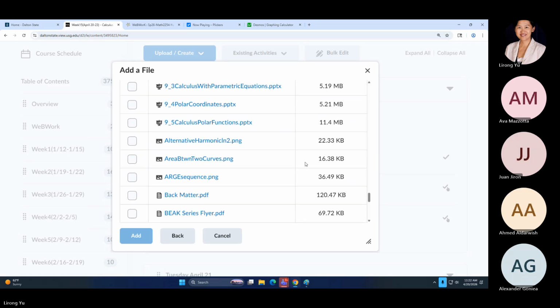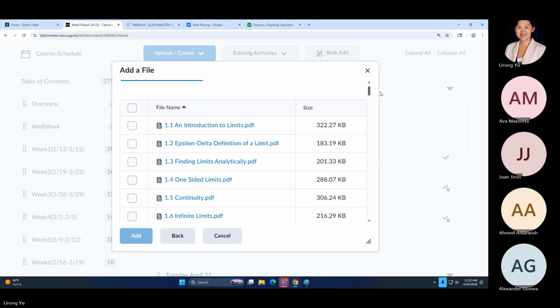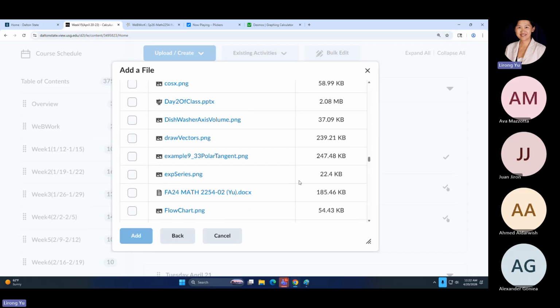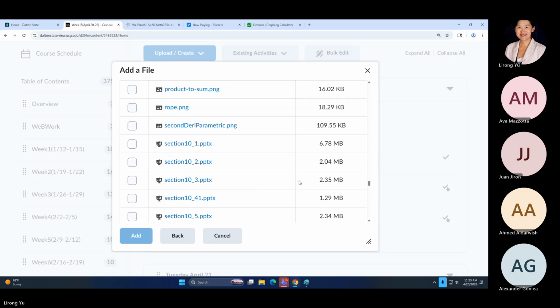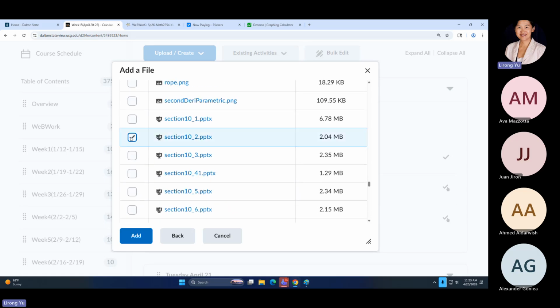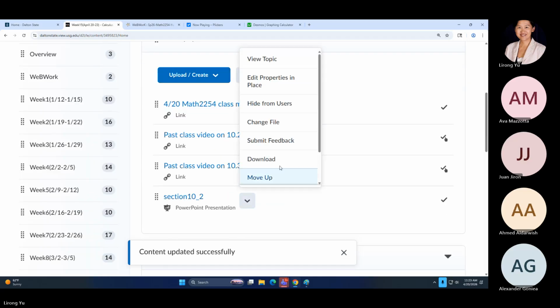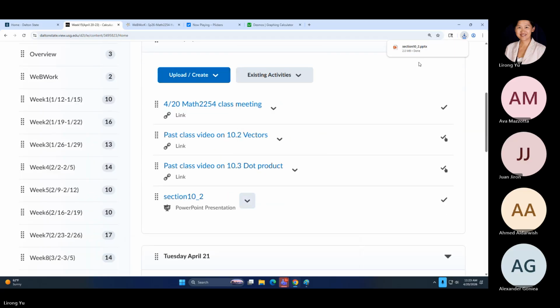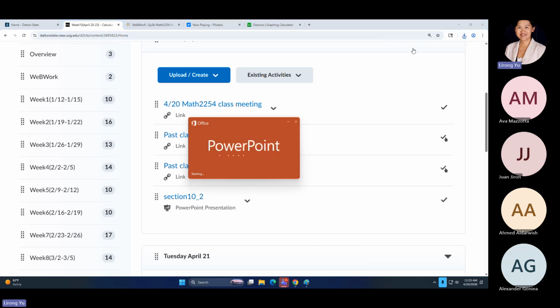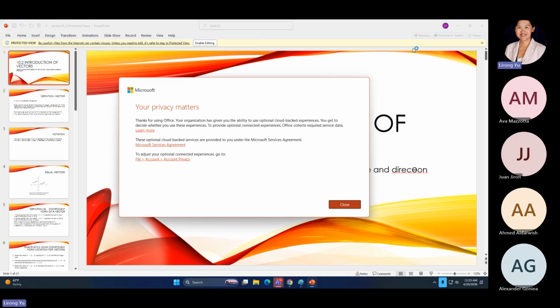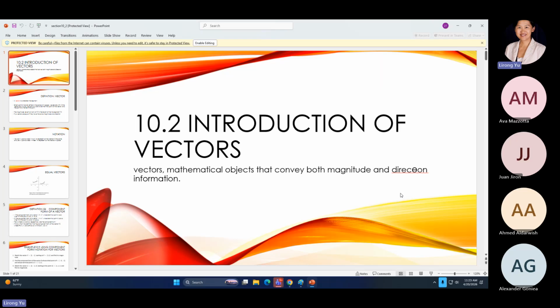It's called section 10.2. All right, let's look at 10.2. We're moving on to vectors. So basically 10.1 introduced the two-dimensional coordinate system, and 10.2 is moving on to vectors.